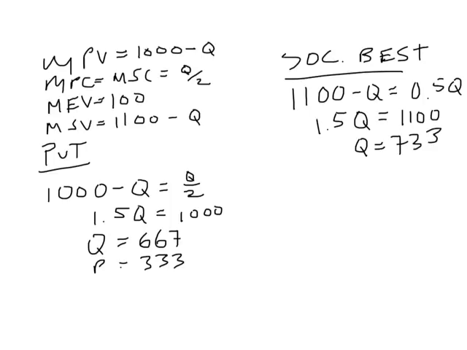So notice that in this case, the private market outcome fails to produce sufficient quantities of marching band performances because of the positive externality.